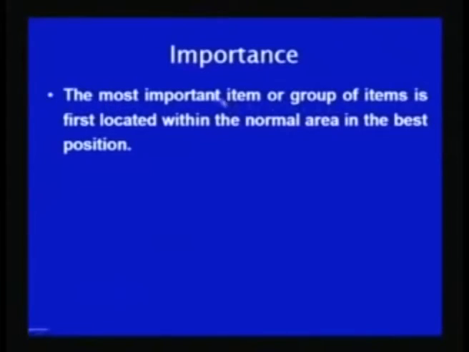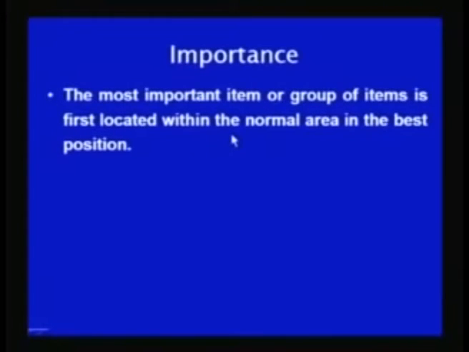So, depending upon the criticality of the functions, control devices are located as per needs. Based on this principle of importance, the most important item or group of items is located first, within the normal working area, in the best possible position.